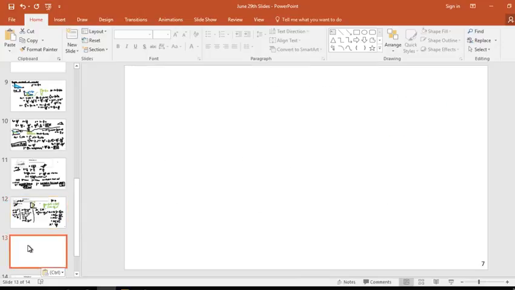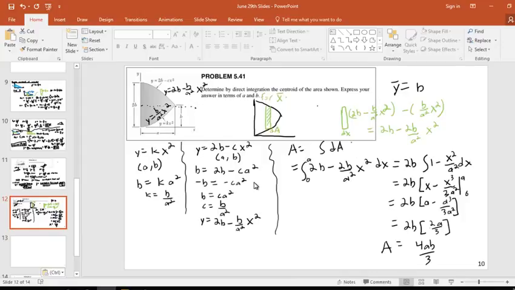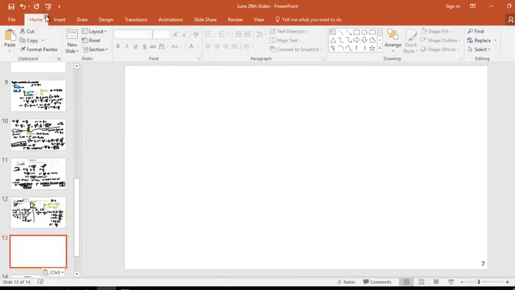Okay, so we have that. Now, so we have our A. Now we need to get the, so first I'm going to do some transposition. So I know again that A is 4ab over 3, right?